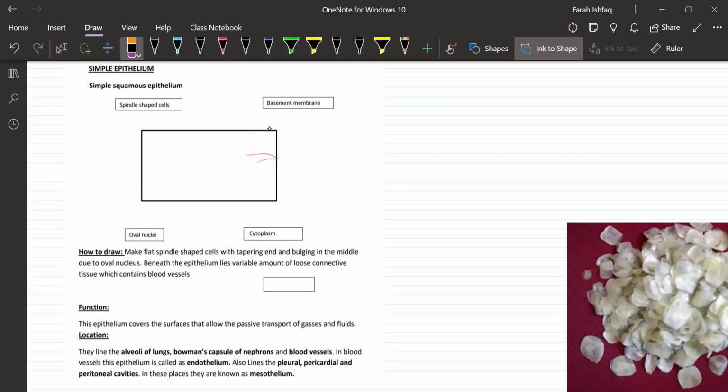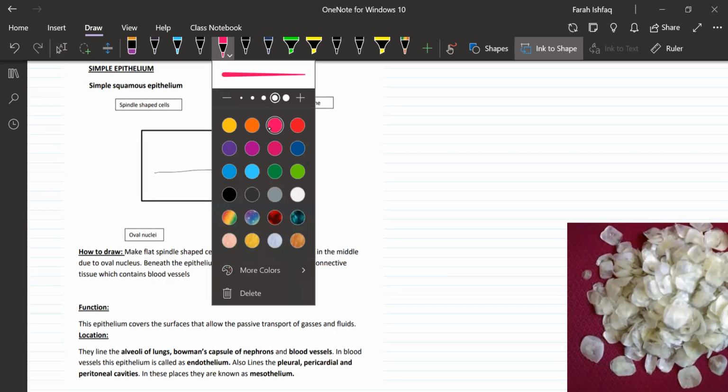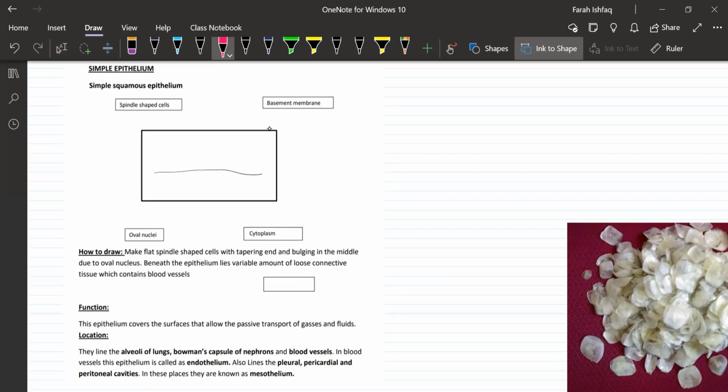Sorry, we'll make it again. We will make a basement membrane, and then we will make the cells: the narrow part and the bulging part.